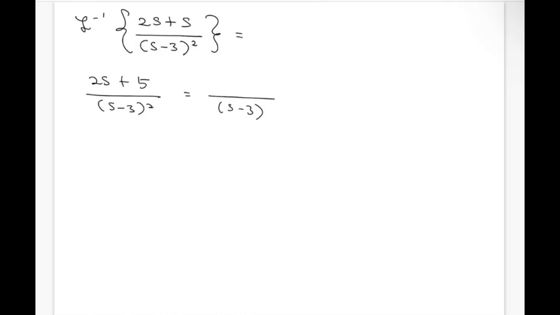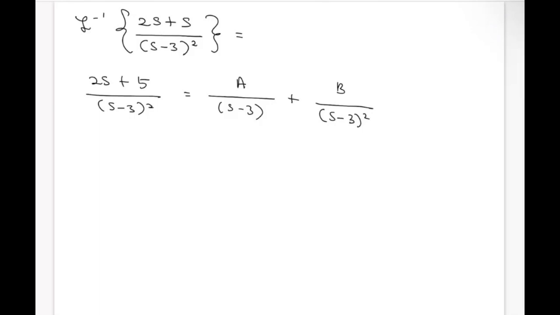So you may write here s minus 3, and then second is (s minus 3) squared. Here will be a, because here is linear. Here also linear, so we have b. So a over (s minus 3) plus b over (s minus 3) squared.